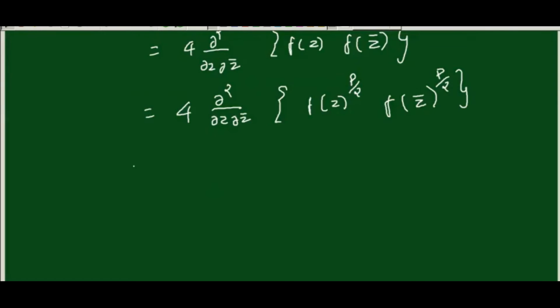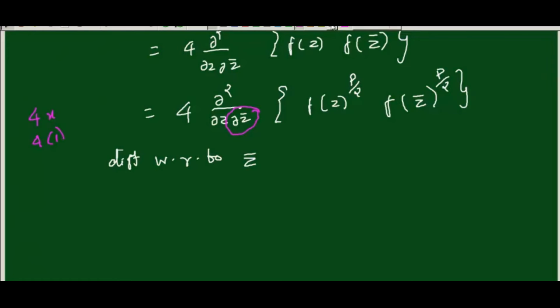Now, the usual procedure: first you do the differentiation with respect to the inner function, followed by the outer function. So we differentiate with respect to the inner function, that is z bar. If it is 4 times x, it's a multiplication function: keep 4 as it is and the differentiation of x is 1.